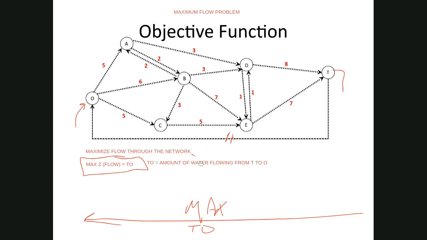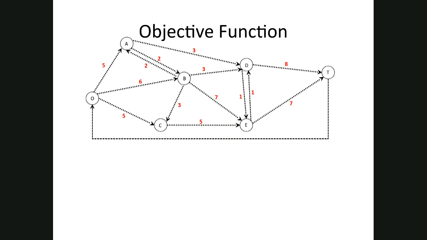One of the things that I want to say here, just briefly, and hopefully some of you will understand: if we look at our network, and these are our capacities, we can already say that the most that we can get through this network is 15,000 gallons or whatever it is, because the most that can come into T on any one of these paths is 15.